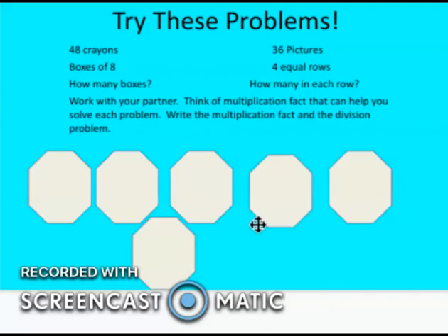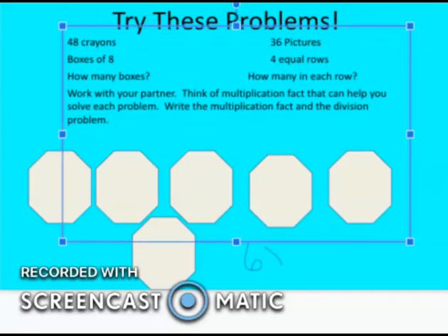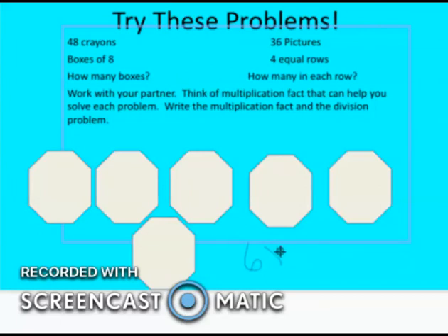So the basic fact that's going to help me with this problem is going to be 6 times 8 equals 48. So if 6 times 8 equals 48, my division sentence would be 48 divided by 8 should equal 6.